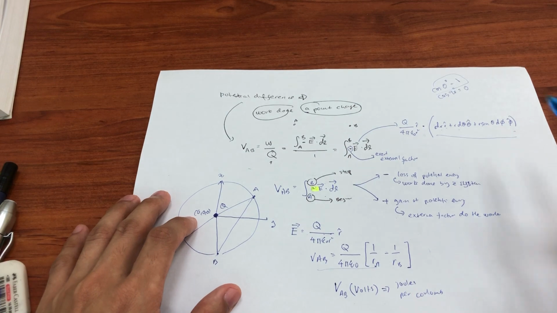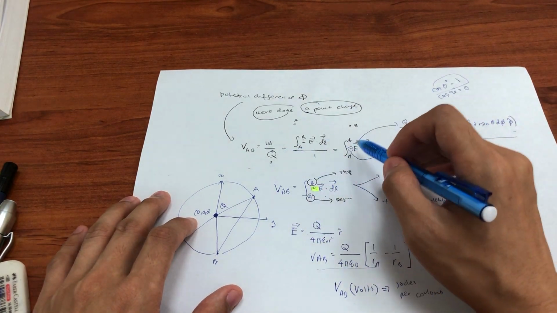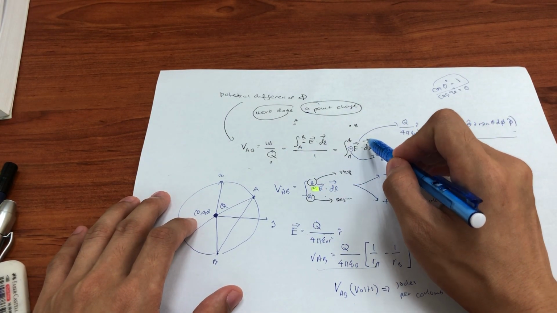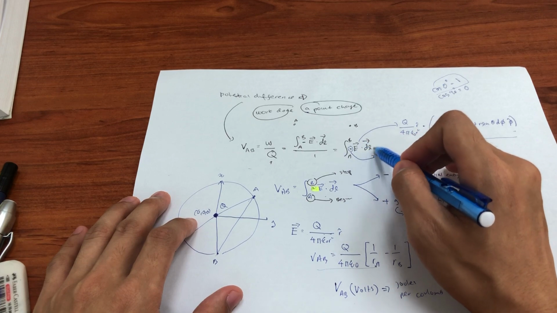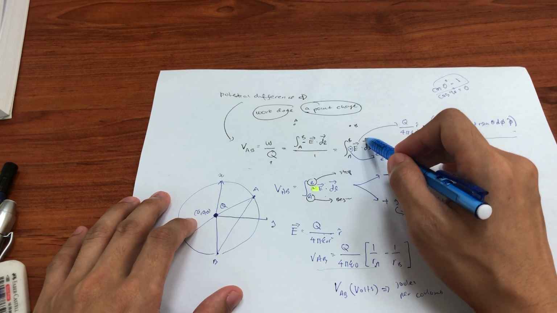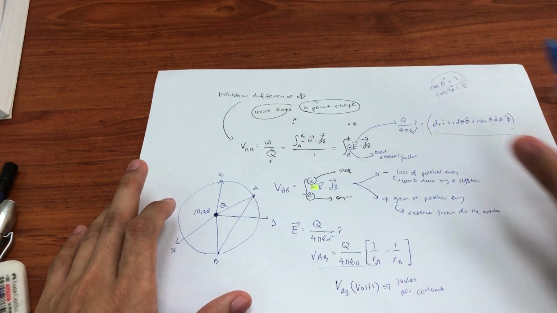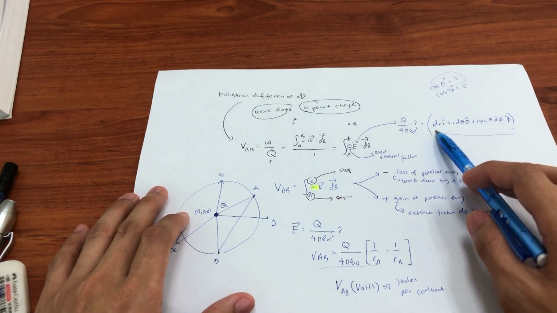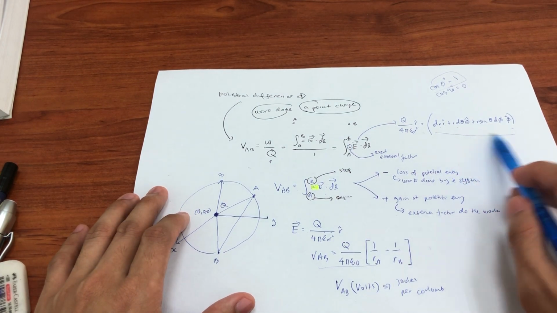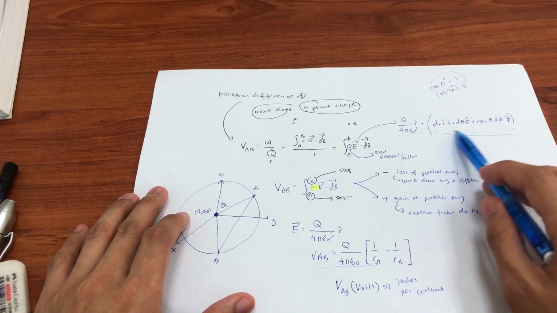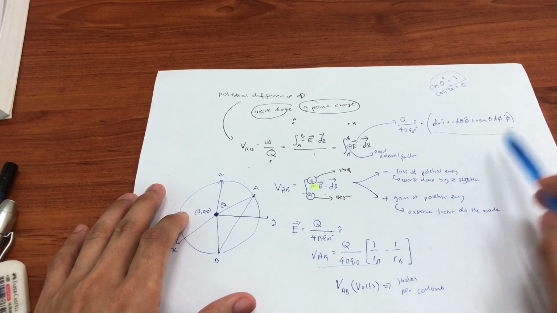Here V equals minus E dot dl. You have to know which coordinate system to use in correspondence with the situation. For what we covered in the previous lecture, this is definitely spherical coordinates.